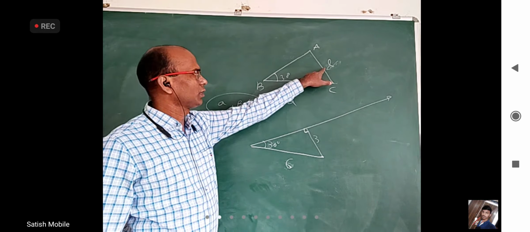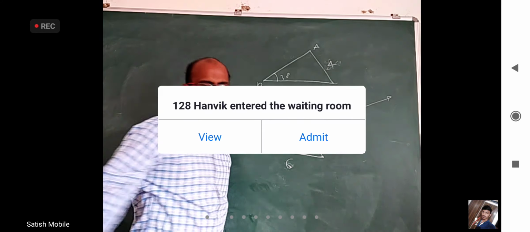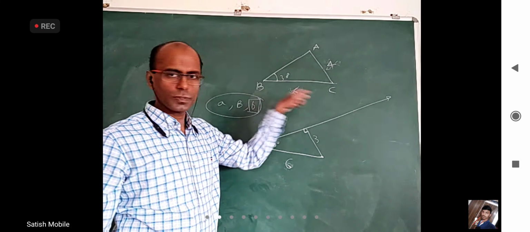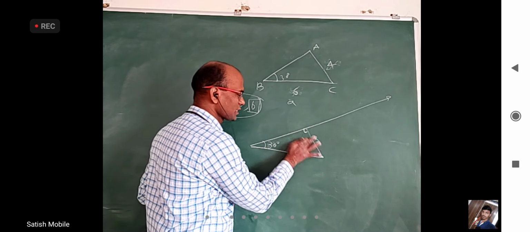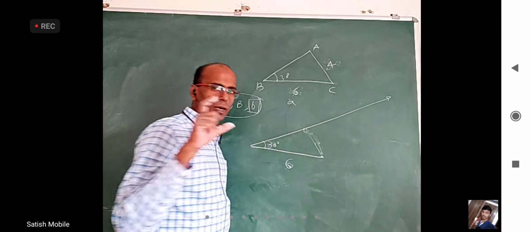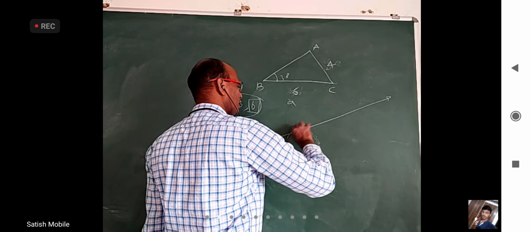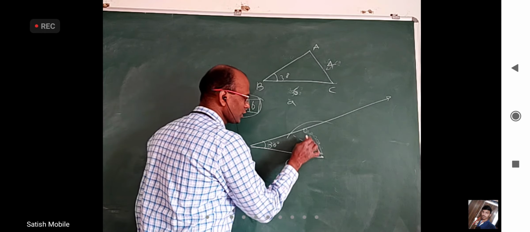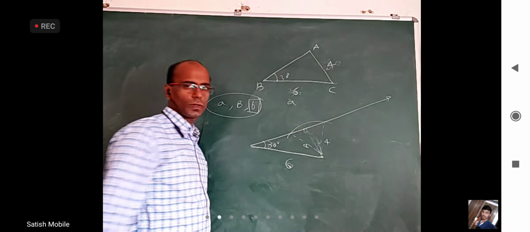First of all, let us say L is 4. How to construct it? This length is 6, I have drawn it, this angle is 30, I have drawn it. Now forget about this 3 part. I take a compass with length 4, put it here and draw an arc. It will come like this. That means this is also 4 units, this is also 4 units, right?